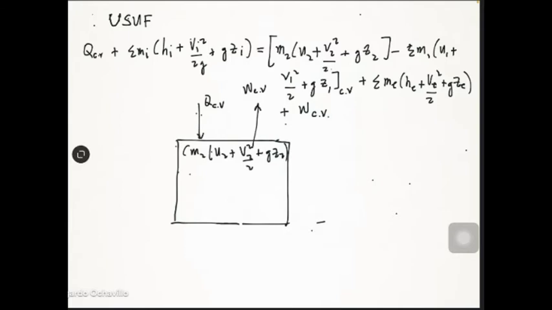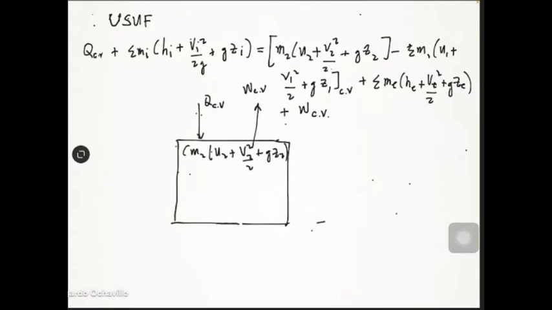And at the exit, you have the summation of the mass that is leaving times HE plus VE squared over 2 plus GZE.